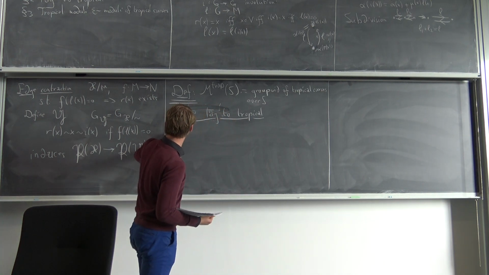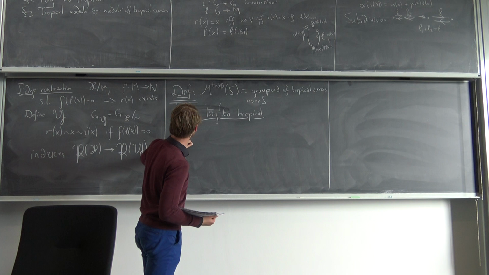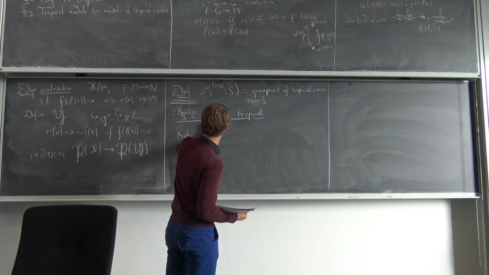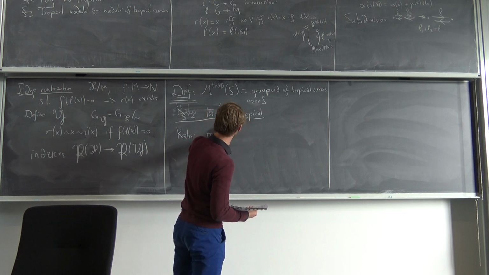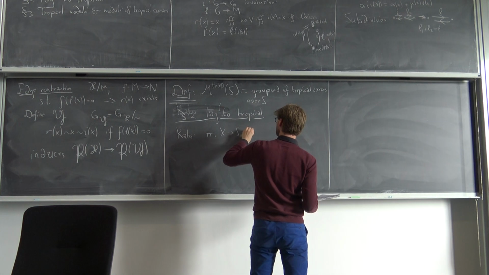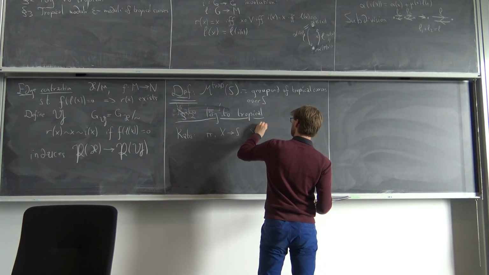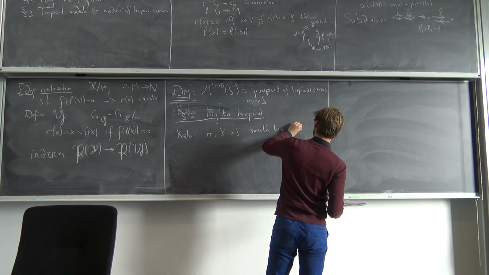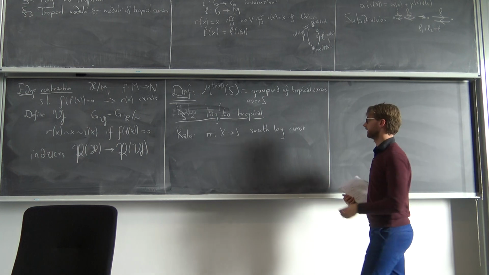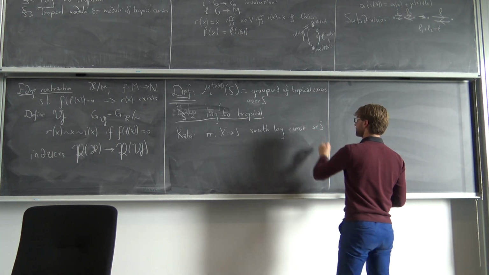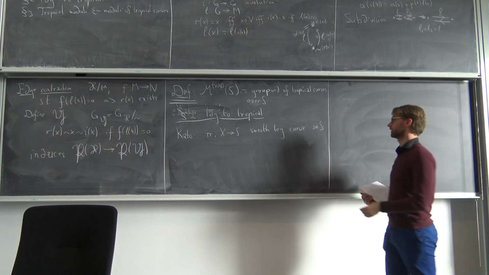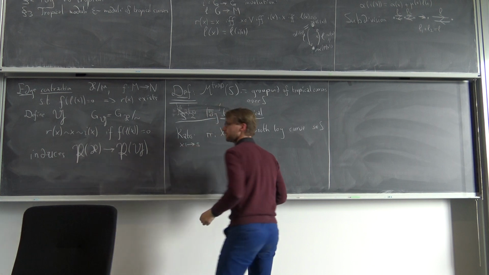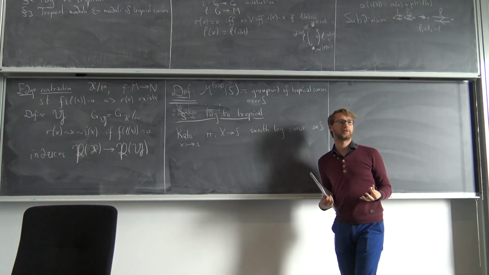So remember from this classification theorem we had, if we have a smooth log curve X over S, and we have some geometric point in S and some x mapping to S, I'm just going to say how this works in stalks.